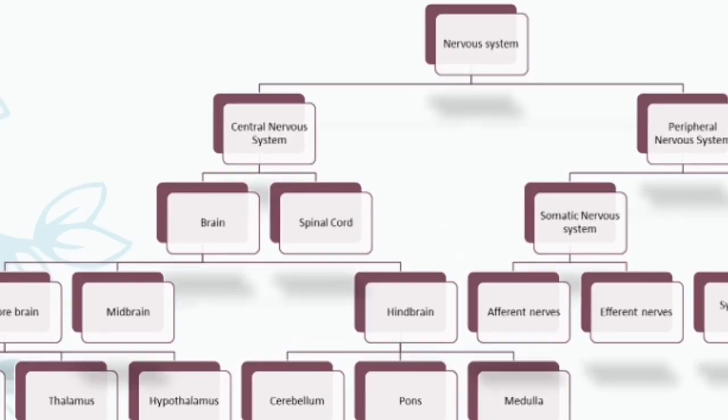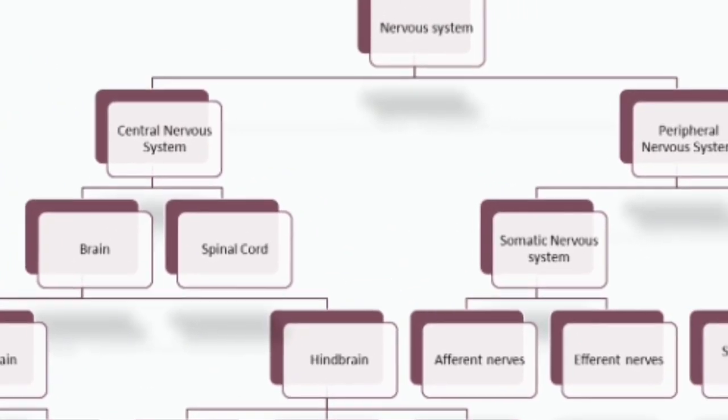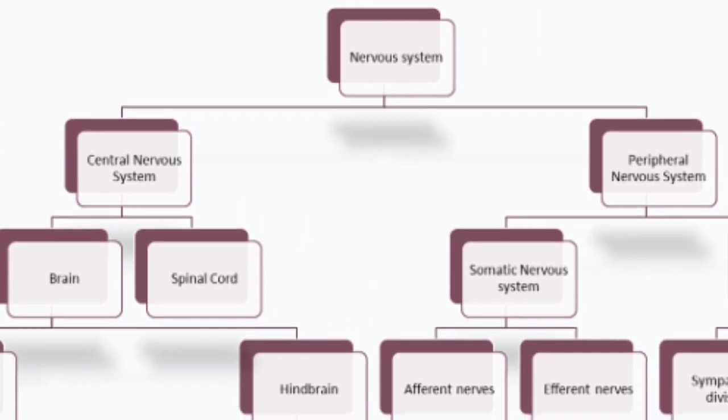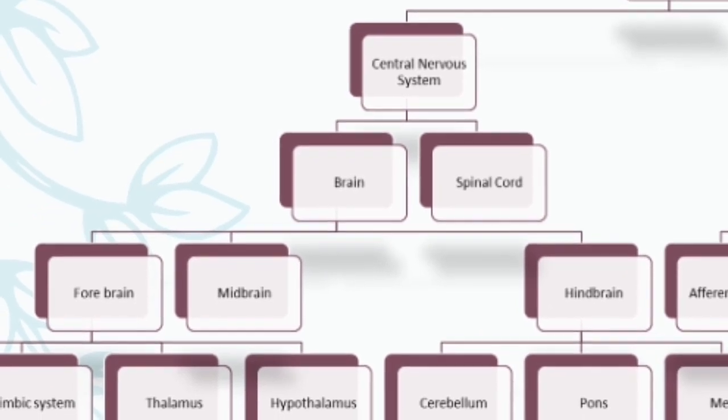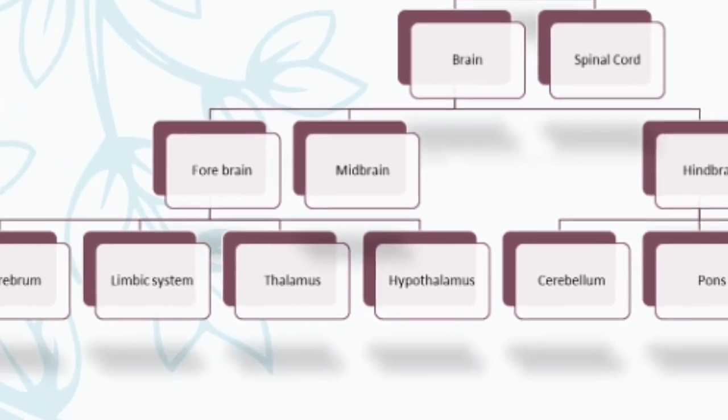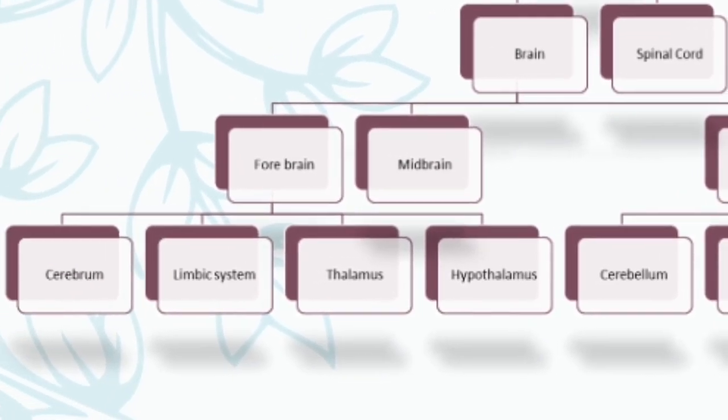So let me give you a quick overview, just a brief discussion on the nervous system. Basically, the nervous system is divided into the central nervous system and the peripheral nervous system. Then the central nervous system is divided into brain and spinal cord, and the brain is divided into forebrain, midbrain, and hindbrain. Now, the forebrain has further divisions: cerebrum, limbic system, thalamus, and hypothalamus.